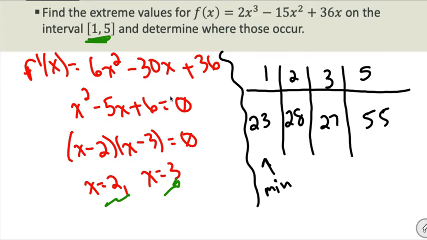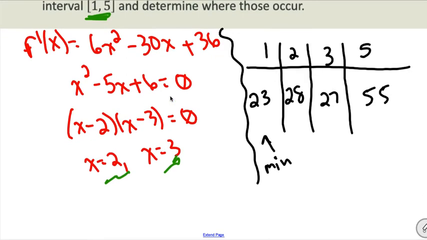We're not asked to find the points or anything, we just need the values, so that's just the x values. So there's a min at x equals 1, and there's a max right here at x equals 5.